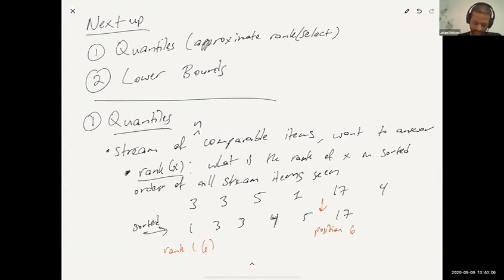If someone queried rank of, let's say, 18, then I guess it would be 8? 1, 2, 3, 4, 5, no, 7. 18 would be here, that's position 7. Okay, so that's rank.